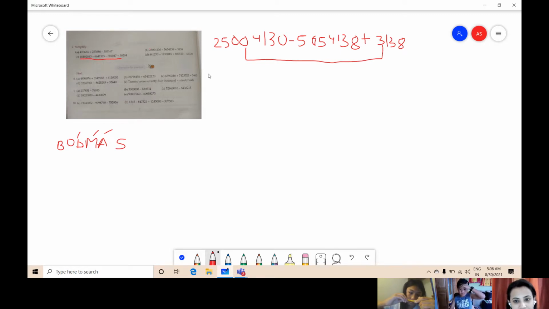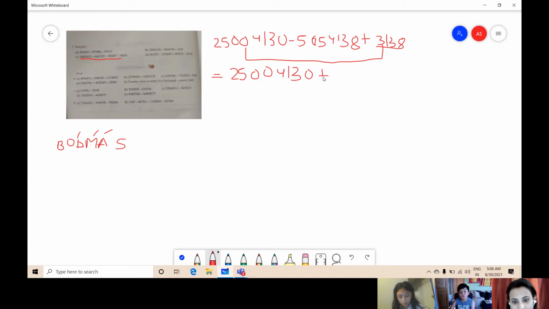Okay, so what is our first step? If you want, you can write all the addition numbers together, all the numbers of the same sign together and the numbers of different sign together. For example, first write the equals to sign. Always first put the equals to sign, then write 2500. See, here is no sign. If there is no sign in front of the number, it means the number has an addition sign. So the number is 2500 4130. Then we'll write this number because this also has the same sign, the sign of addition.